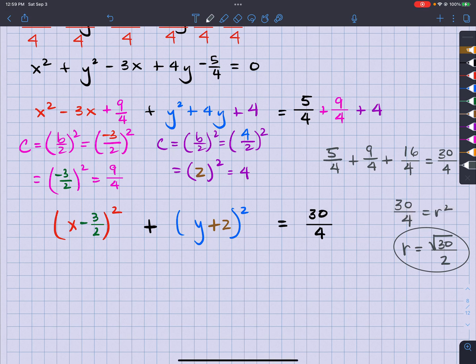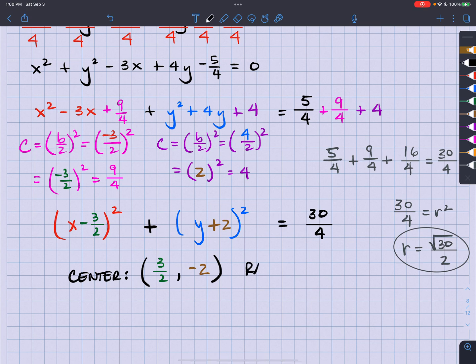And then I need my h and my k, which is my center. So my center is going to be three halves, comma, negative 2.